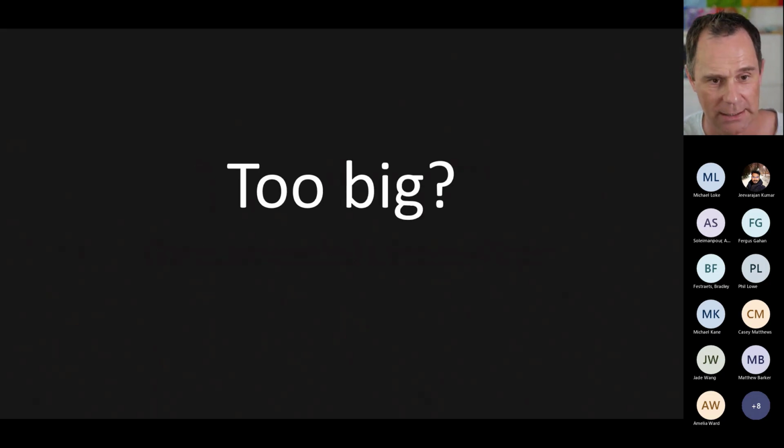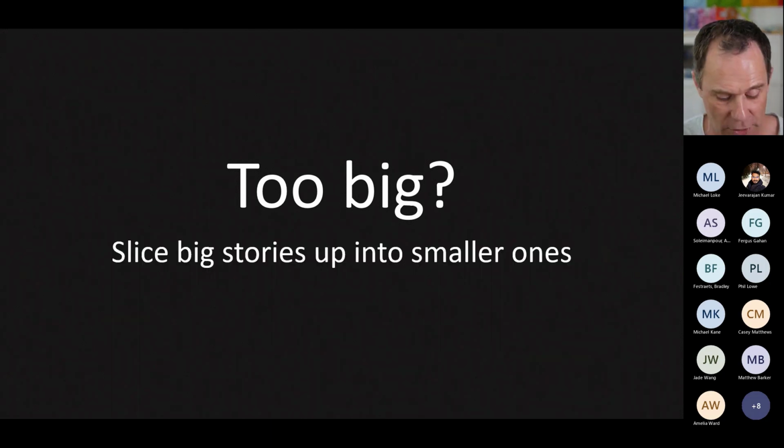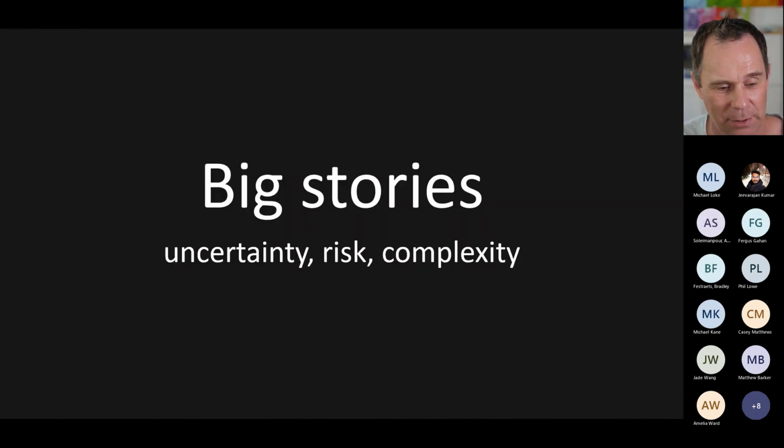On the other hand, what we really refer to with slicing is slicing up stuff that's too big. We want to slice up bigger stories into smaller ones because big stories have got too much uncertainty, risk, and complexity. And I quite often find anything bigger than an 8 for my team, if we take a 13-point story into a sprint, we might be able to finish it, but the chances are that something's going to bite us in the middle of the sprint.